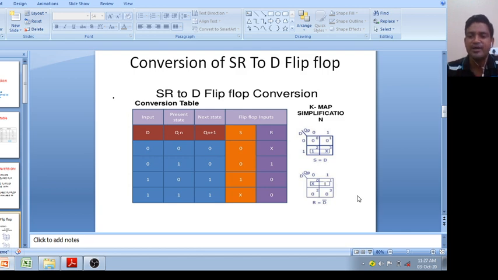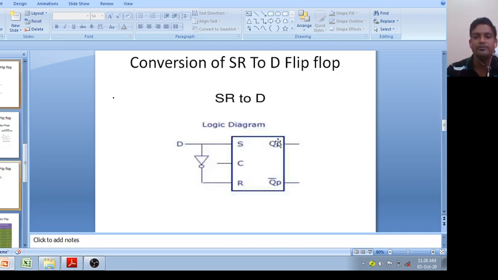Now last step. Now what you need to do, with the help of suitable logic gate and available flip-flop, we will draw the circuit of required flip-flop. So S equal to D, R equal to D bar. This is your SR flip-flop. This is available flip-flop.